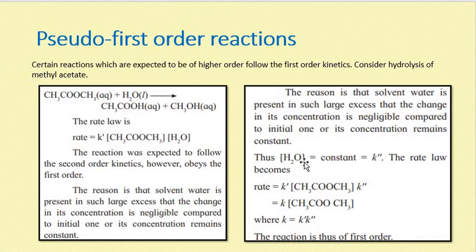Now, if I am saying H2O concentration is constant, I am taking it K double dash, then I can replace the concentration of water by K double dash. The equation would be rate is equal to K dash concentration of methyl acetate and K double dash, or K equals to K dash multiplied by K double dash. So the reaction is first order reaction.